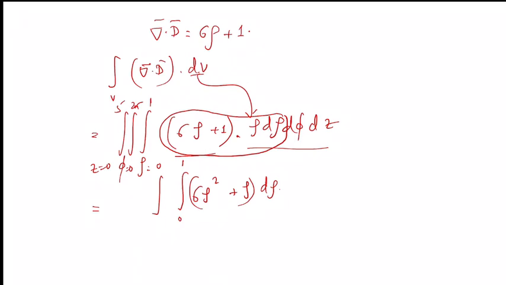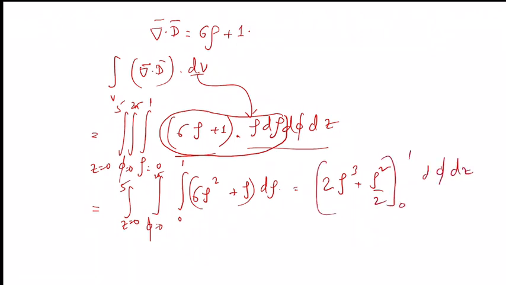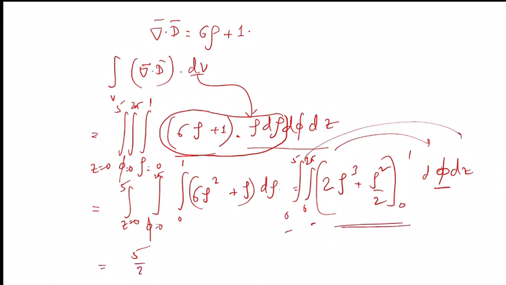Then you have phi from 0 to 2 pi, and z from 0 to 5, which is equal to 2 rho cube plus rho square by 2 from 0 to 1, then d phi dz, from 0 to 2 pi for phi and 0 to 5 for z. These are independent integrations, and you integrate and put the results here.